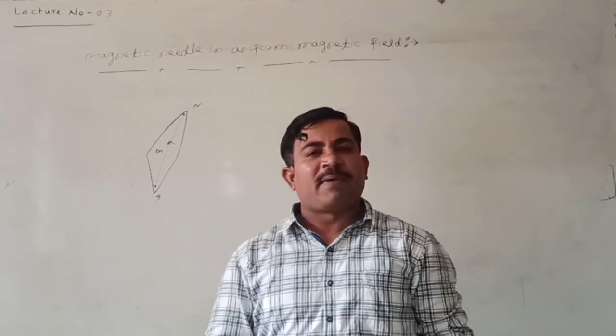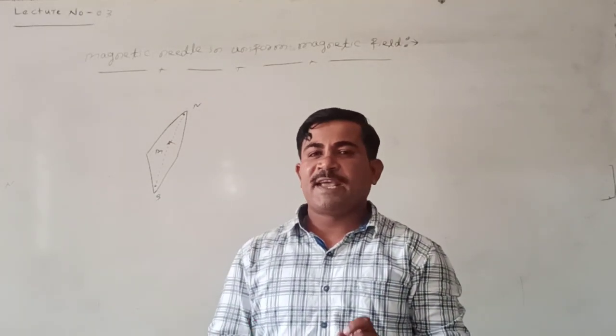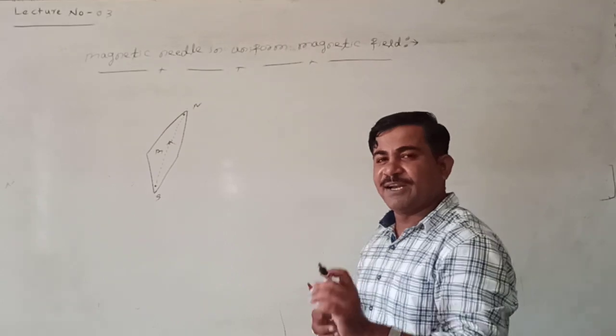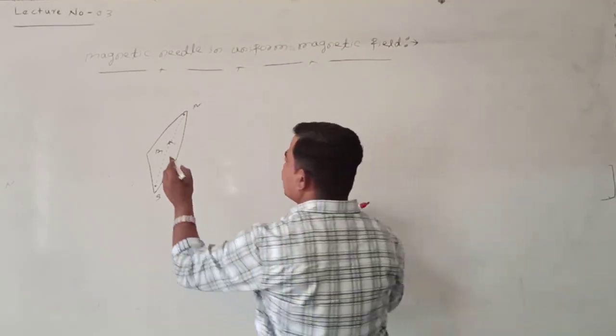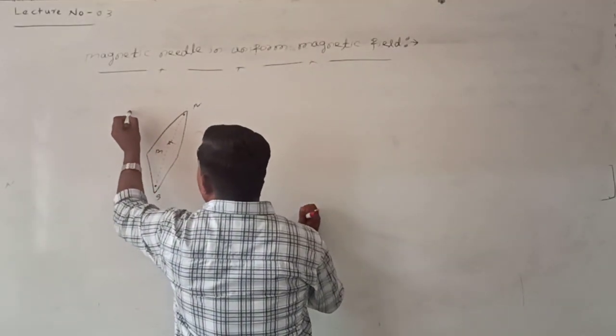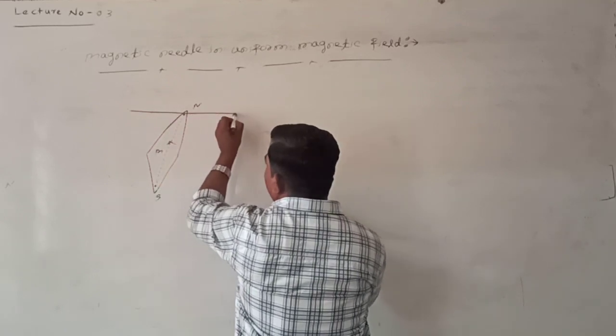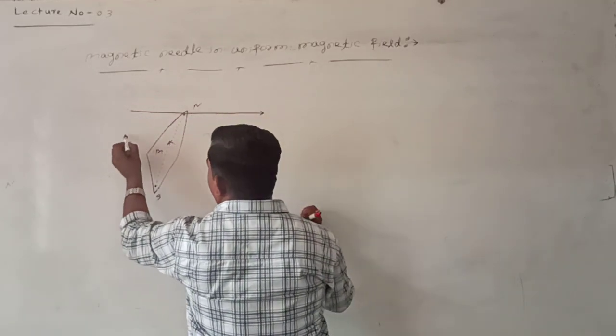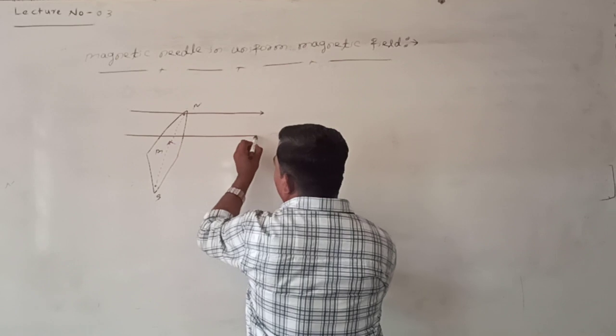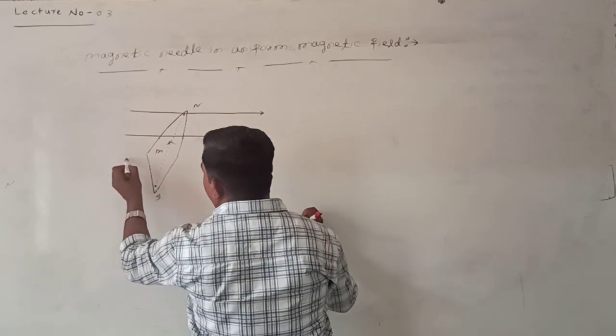Now this magnetic needle is placed in a uniform magnetic field. Now I will take a set of parallel lines. Are you following this? This is nothing but a set of parallel lines, so we call these uniform magnetic field lines.